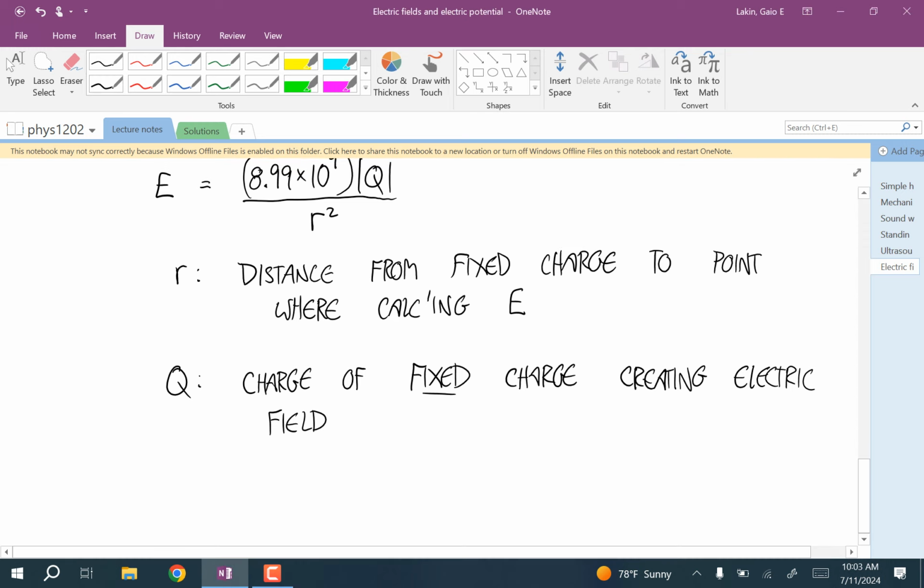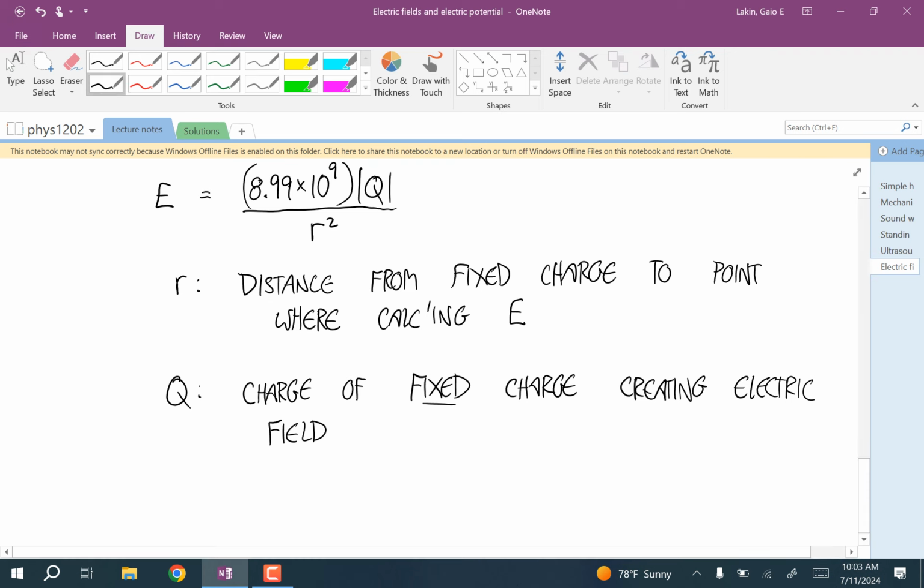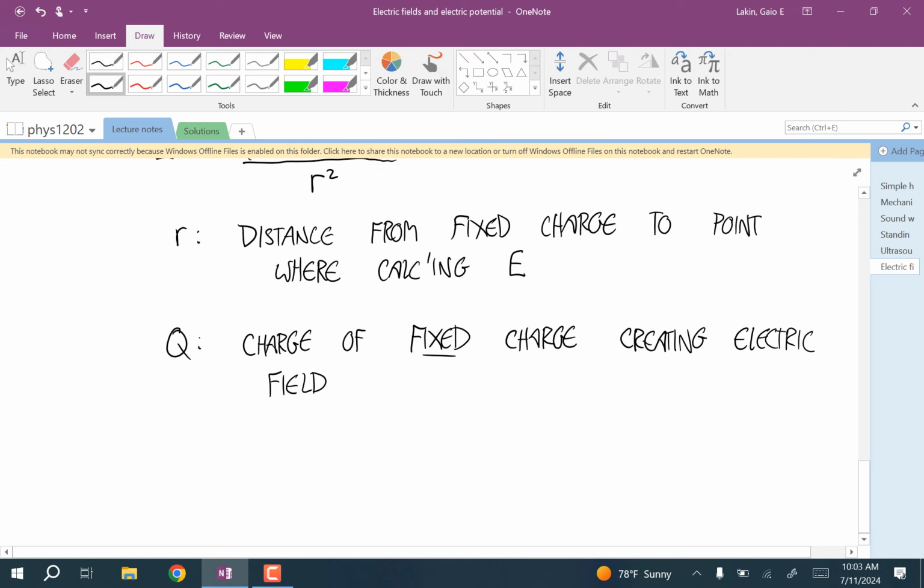Now, the last thing we have to talk about is I've only given you a way to calculate the magnitude of that field. A vector has to have a direction in addition to the magnitude. So to figure out the direction, you just have to remember that this is toward the fixed charge if that fixed charge is negative.